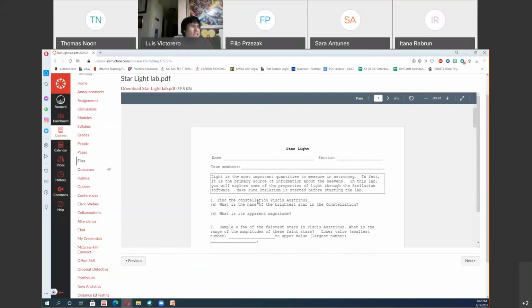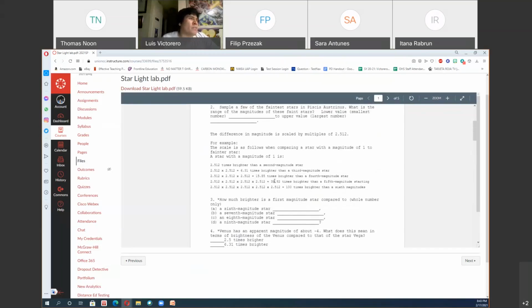That's the first thing. Now, you're going to be using Stellarium to observe several stars. The idea with this lab is to measure starlight, the color index of stars. You don't really need to print it because you can answer these questions online, or maybe you can just copy it to Word.